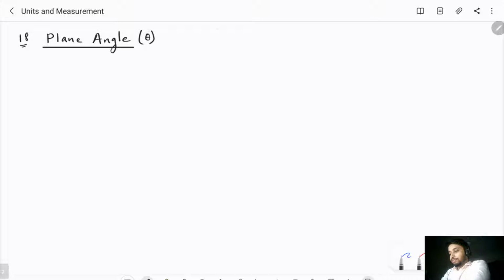Okay. So we have two popular units, one is degree and another one is radian. So SI unit for angle is radian.